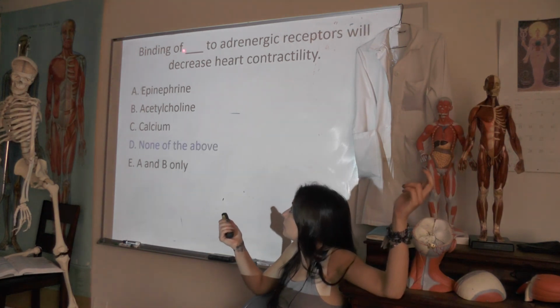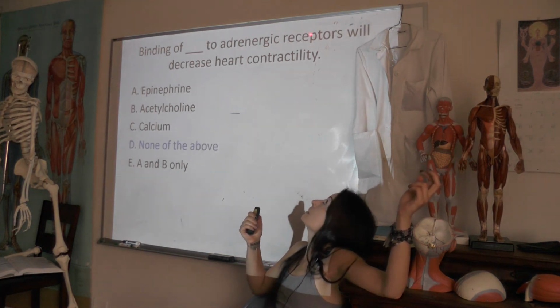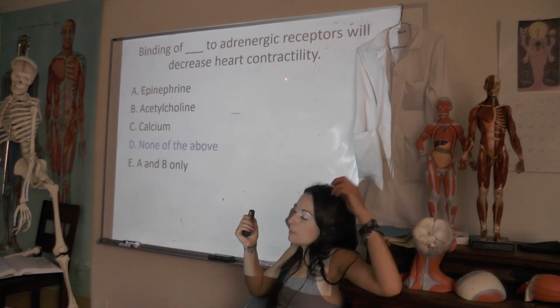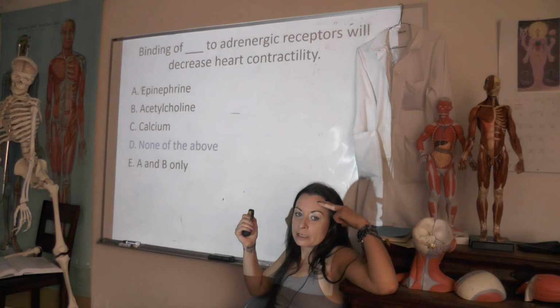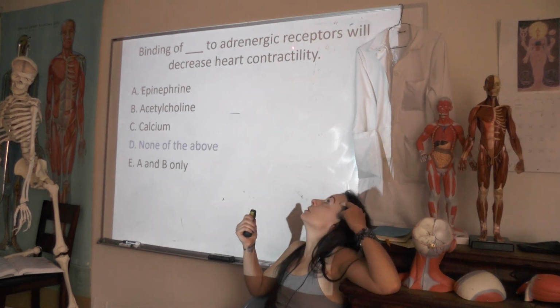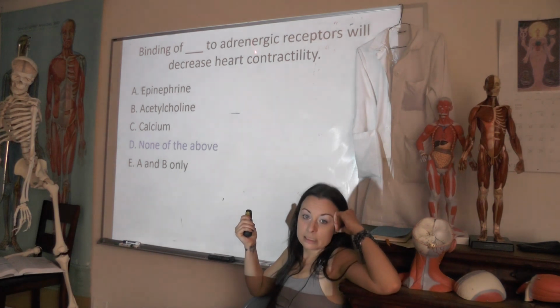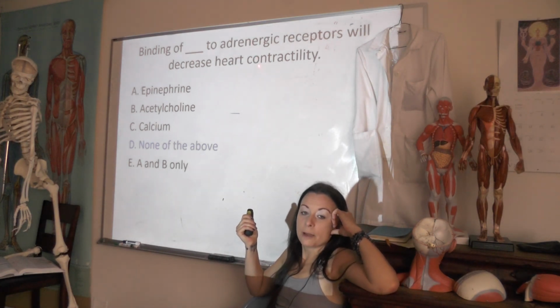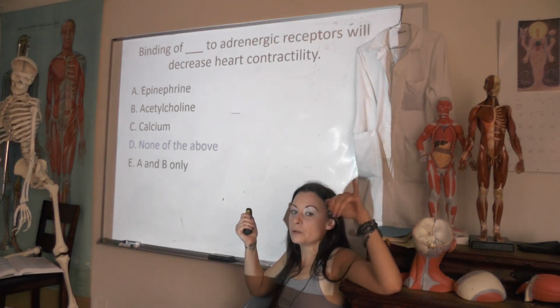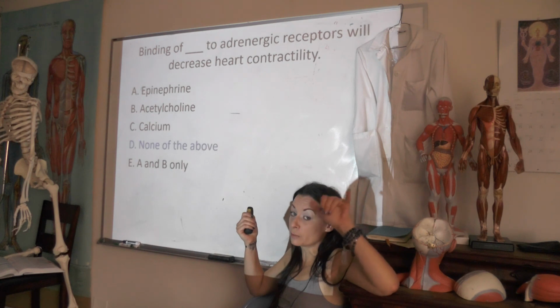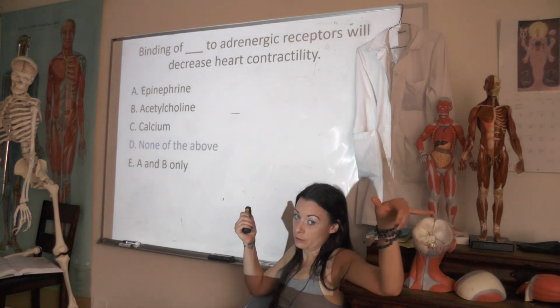This says binding of blank to adrenergic receptors will decrease heart contractility. Which branch of the nervous system uses adrenergic receptors? The sympathetic nervous system. The parasympathetic nervous system is only using cholinergic neurons as both preganglionic and postganglionic neurons, which means that our targets are using cholinergic receptors.